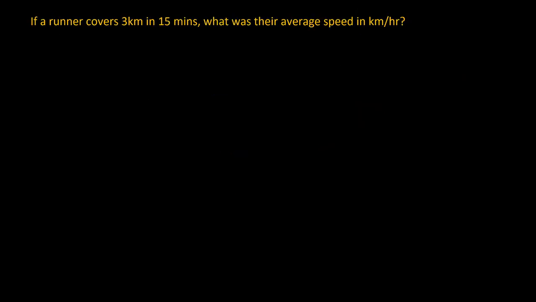So this first question says, if a runner covers 3 kilometres in 15 minutes, what was their average speed in kilometres per hour? So the triangle that we're going to draw for this one has the speed here, and then it's the distance divided by the time.